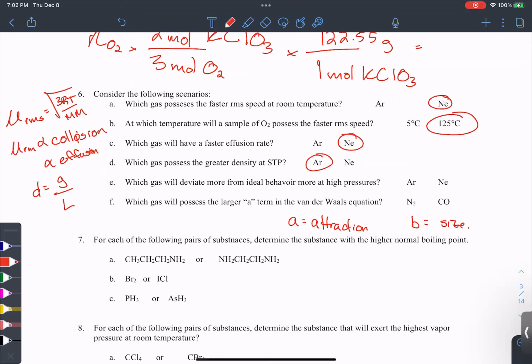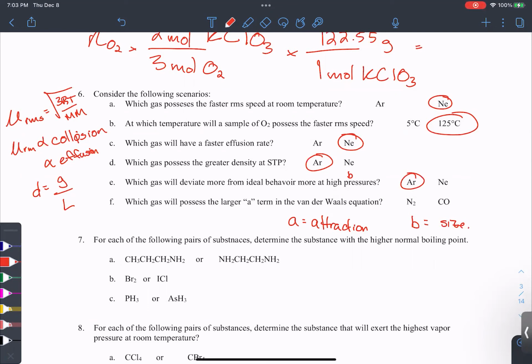So at high pressures, size matters because in order to get high pressures, you have a small volume and you have to shove a bunch of particles in a small volume, tons of them. If you shove a ton of particles in a small volume, there are so many particles that they start to take up space, and that's when their size starts to matter. So basically this question is asking which one has the higher B term, the higher size, because B dominates at high pressures. So which one's bigger? In this case, argon is bigger.